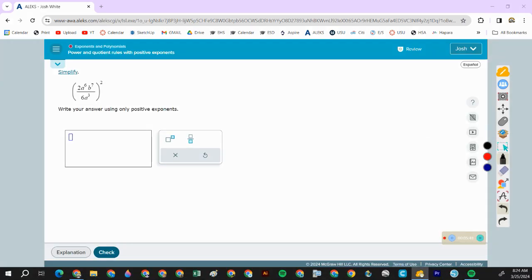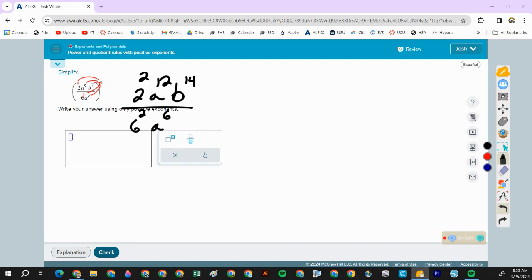Okay, same thing here. Everything on the inside has an exponent, and they all get multiplied by 2. So we get 2 squared a to the 12th b to the 14th over 6 squared a to the 6th.